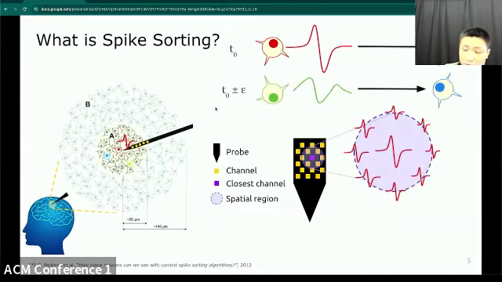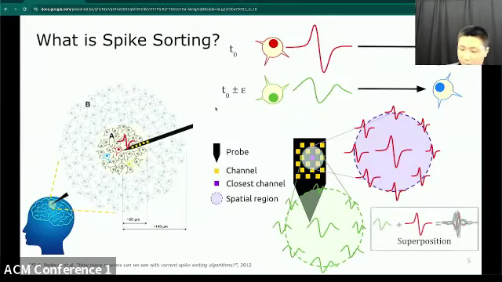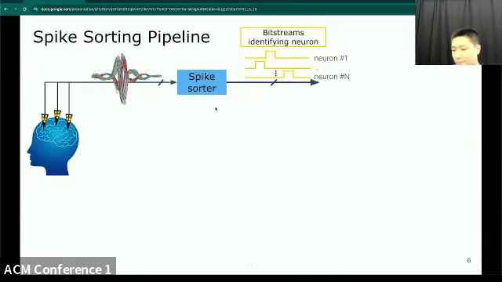The problem is if another neuron, say this green one, fires at a similar time and in close proximity, it ends up contaminating the red one's signal. So often we'd like to identify both of these neurons, but now both signals are contaminated and superimposed. And as you can imagine, this problem gets much harder with the more neurons that you can simultaneously record.